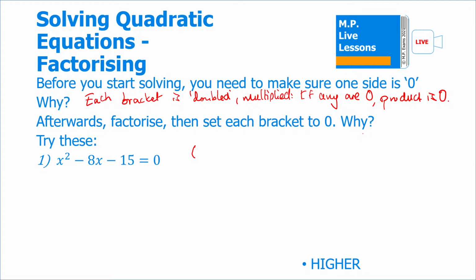Actually, it should probably be a plus 15. So x -3, x -5, and we set that equal to 0. So set each bracket equal to 0.